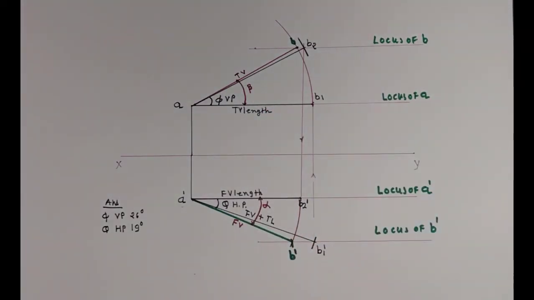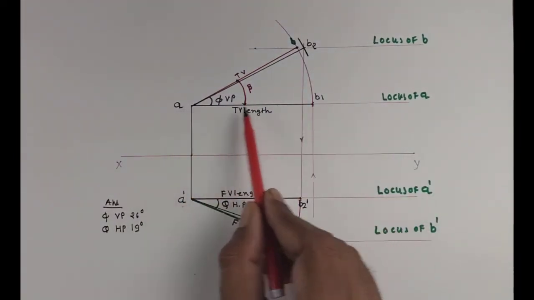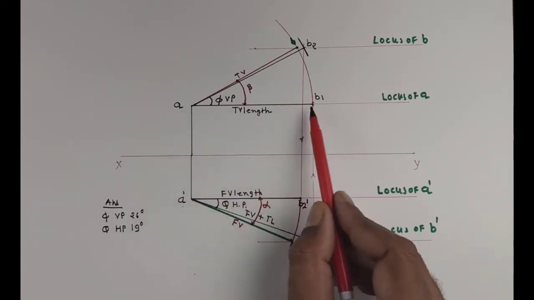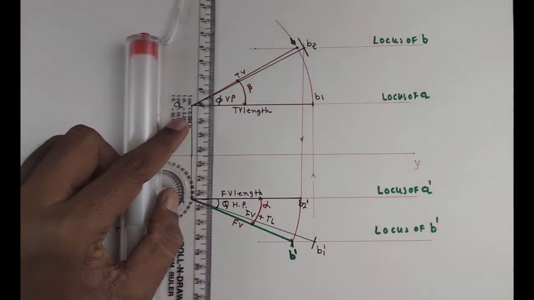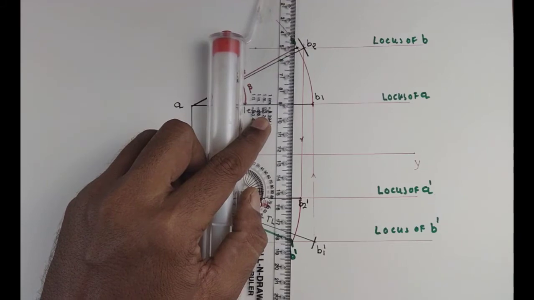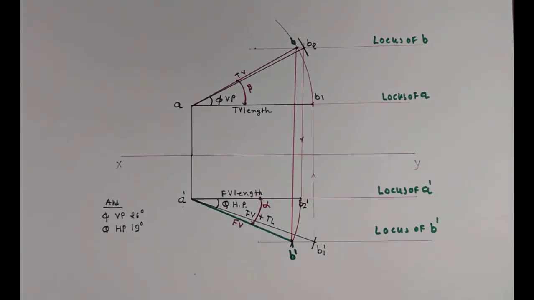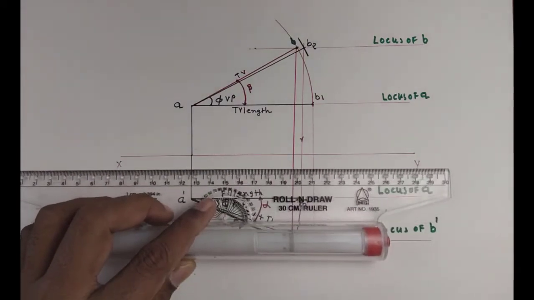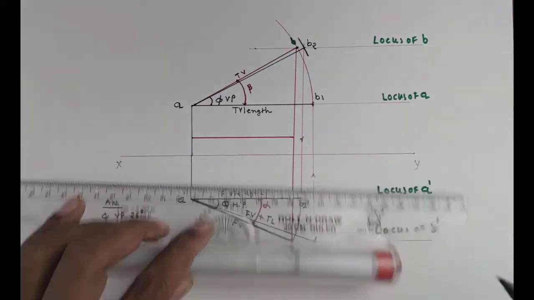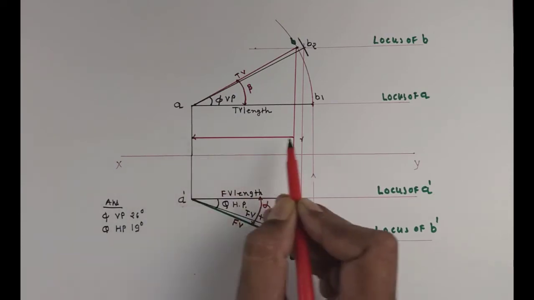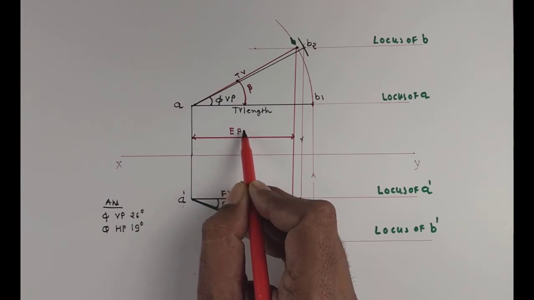Now what you understand, AB is equal to AB1, simply the top view length. Now I join the A and B. I join the B and B dash vertically, and the distance between the final end points is called the end projector distance.